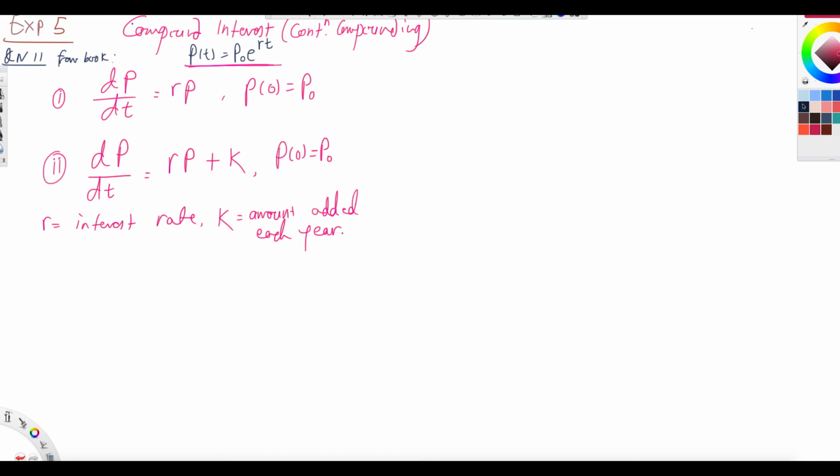Okay, let us do that. S of T is the sum of the interest and the principal accumulated at any time t, so you want to solve for S of t. Instead of P, the question is using S. The initial investment P0 will be 0, but K will be positive.